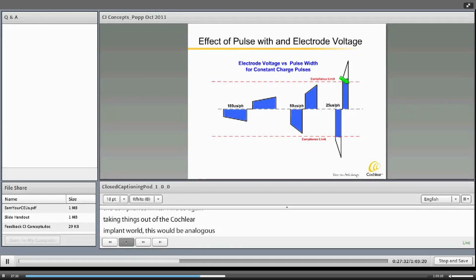And so again, taking things out of the cochlear implant world, this would be analogous to having a 6-ounce cup full to the rim and trying to walk with it without spilling. You're going to continually spill some water and probably make quite a mess.